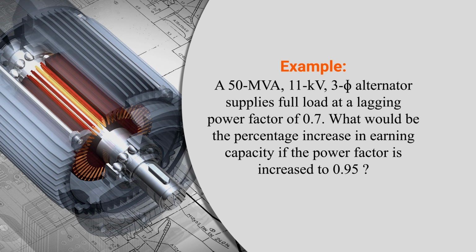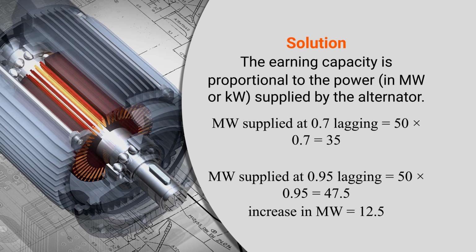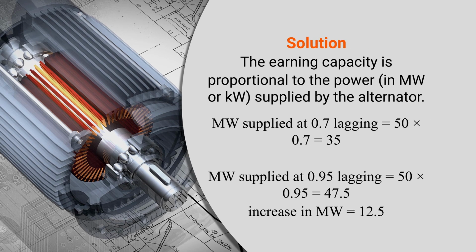Now what you have to calculate: when the power factor is 0.95, what would be the percentage increase in the earning capacity? So how can you proceed? You can write down that earning capacity is proportional to the power supplied by the alternator.